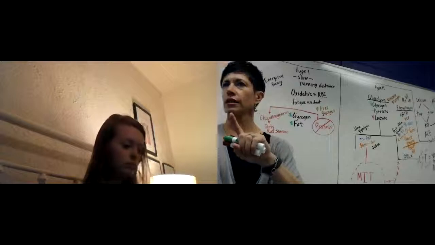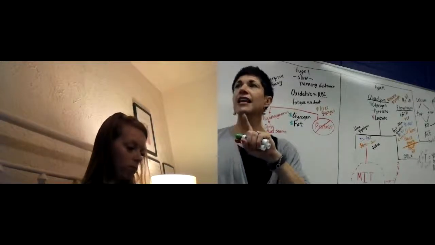But here's what your body does. If your body gets in a freak out situation, it is going to always try to burn glycogen. But can you run out of glycogen? Yes, you can. And then when you run out of glycogen, it's going to try to use protein. Because what is it trying to save?